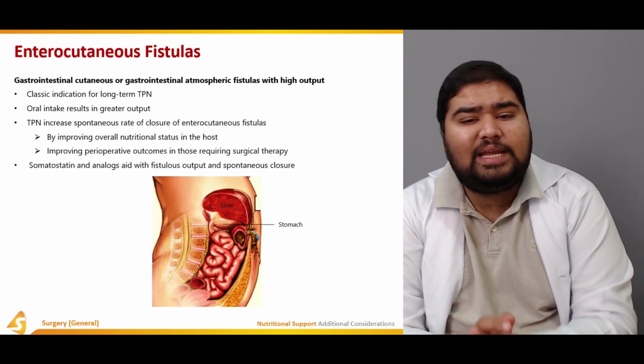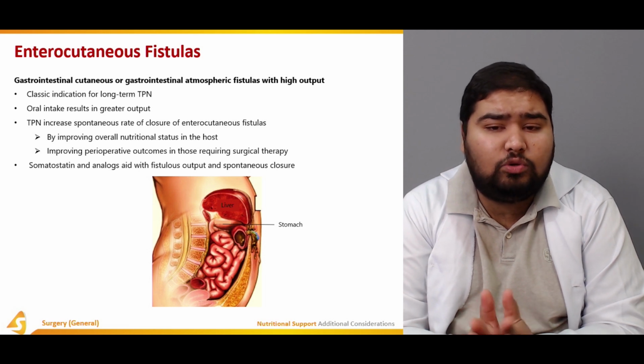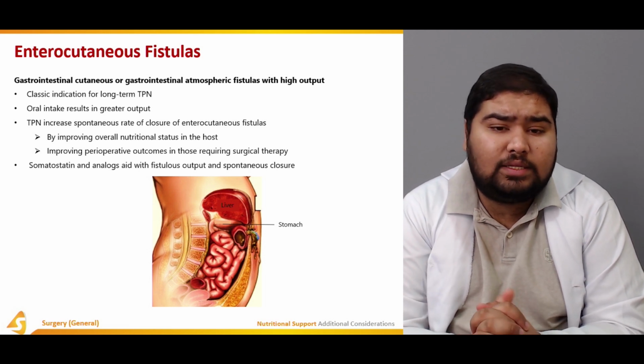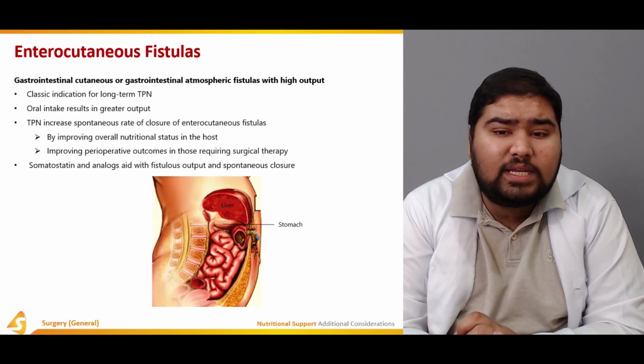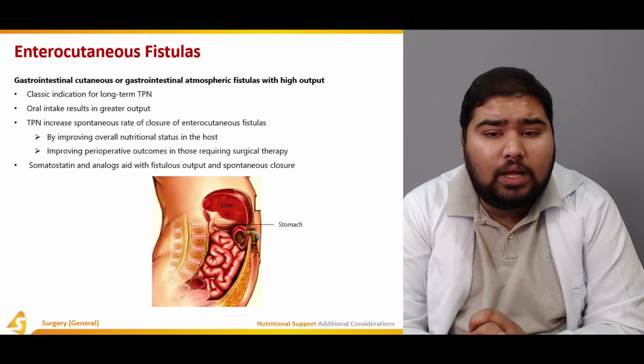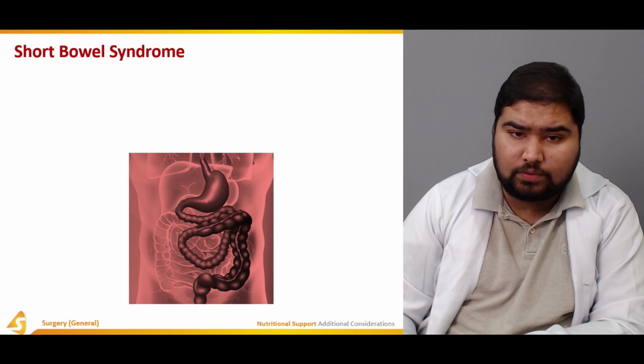Now, somatostatin and analogs aid with fistulous output and spontaneous closure. So somatostatin and analogs aid in the closure of these fistulas and also with the fistula output. So they can also be used.